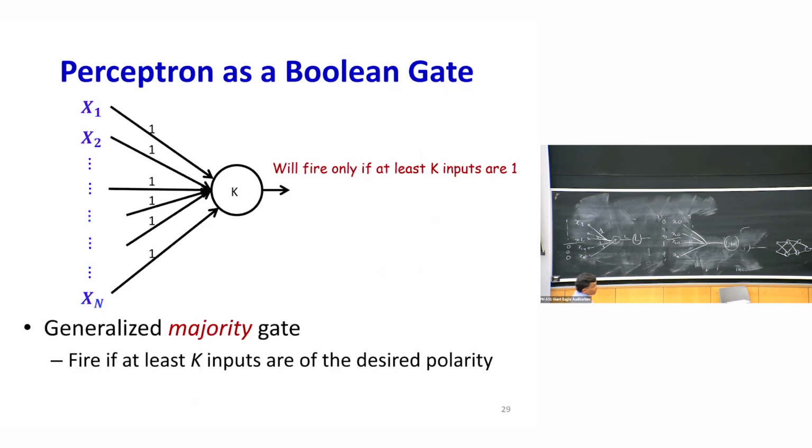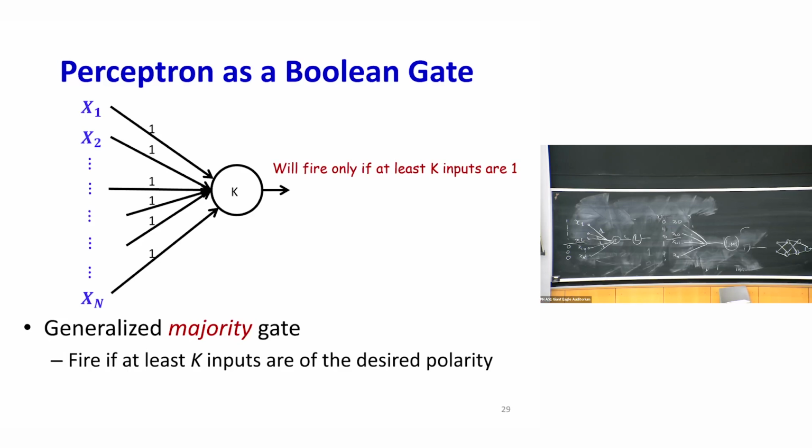Here's something that you can't do with a Boolean gate. I have n inputs. It's going to fire if at least k inputs are 1, right? This is a generalized majority gate. I'm not specifying which k. Any k can be 1, so long as k inputs are 1. If you want to do this with a Boolean gate, no Boolean gate is going to do this.